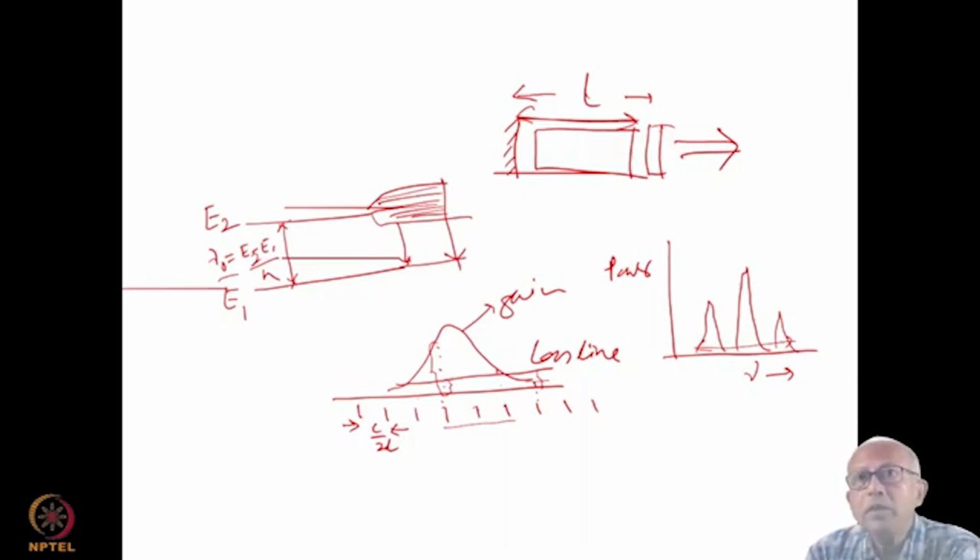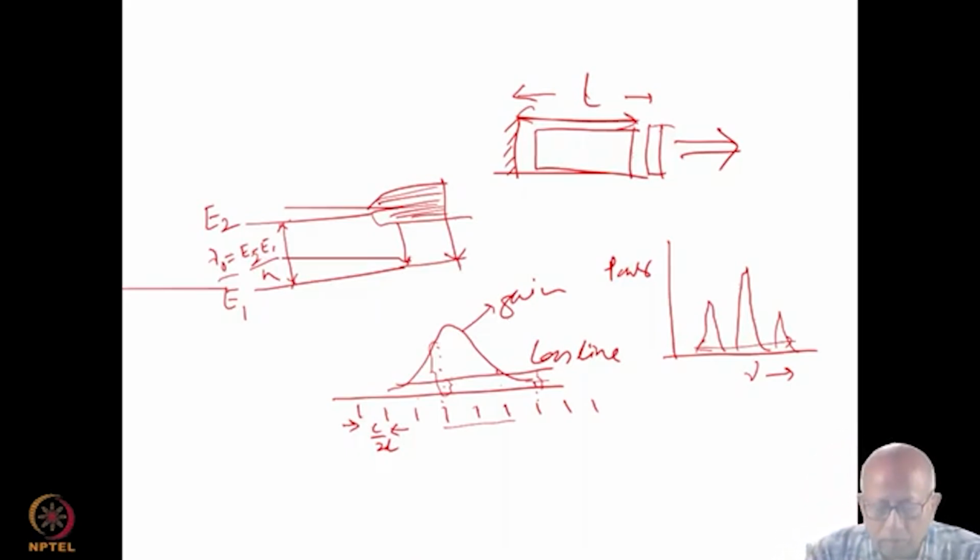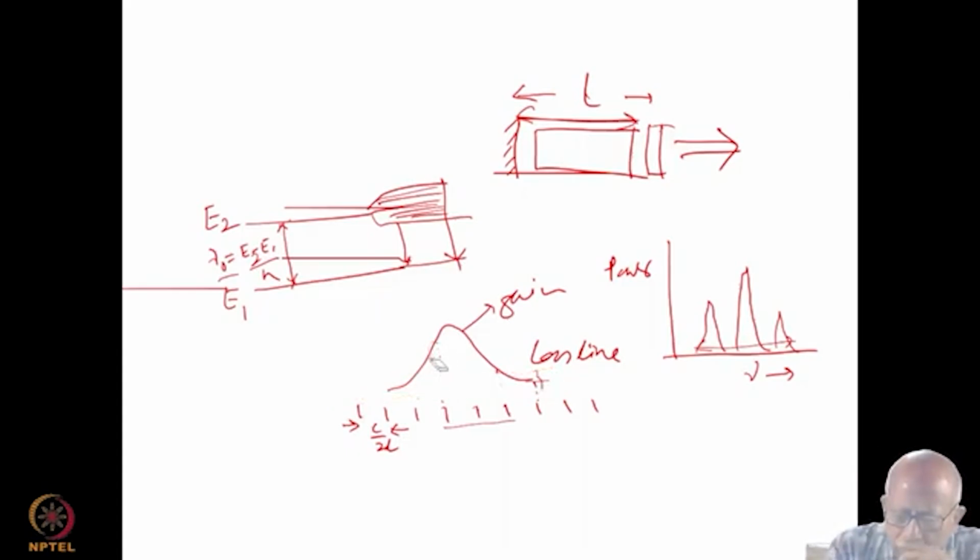The monochromaticity can be greatly improved by restricting the number of oscillating modes. This can be achieved in a number of ways. For example, if we reduce the broadening of the gain, so much so that, this is the gain and this is the loss.